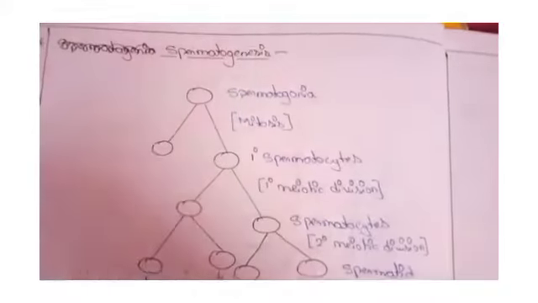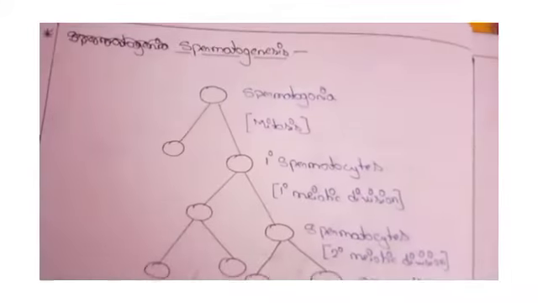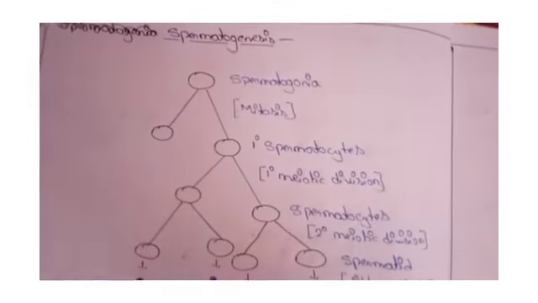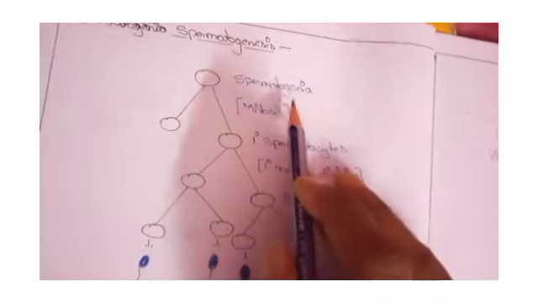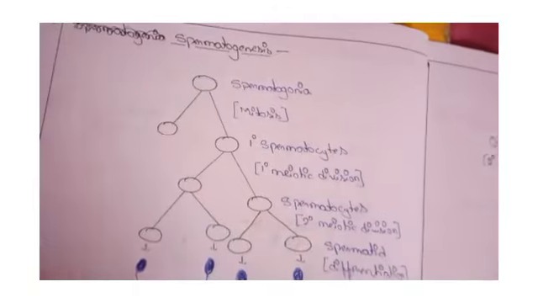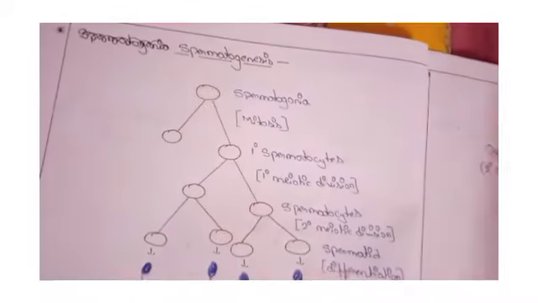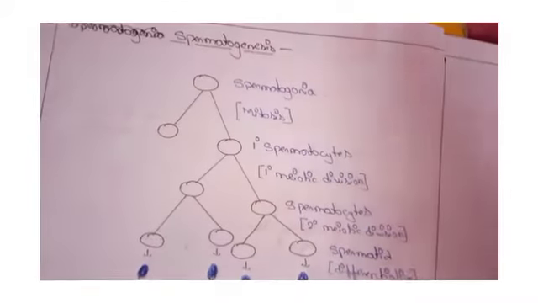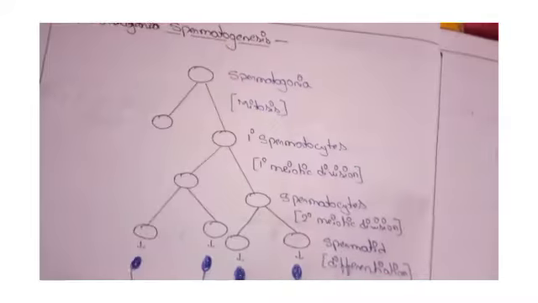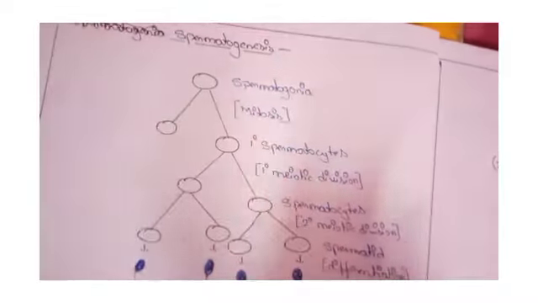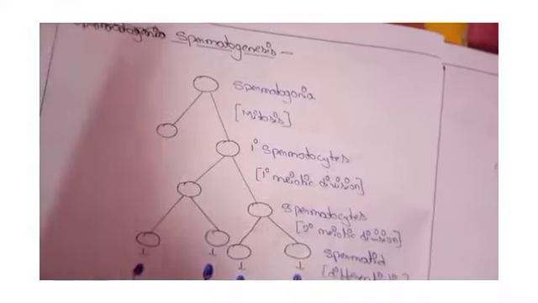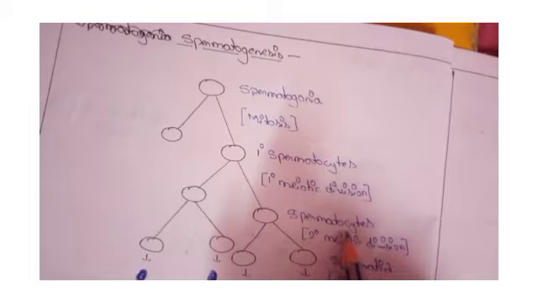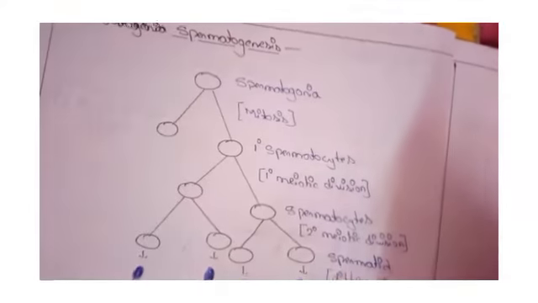Our next topic is spermatogenesis. Spermatogenesis is the production of sperm. A single spermatogonium undergoes mitotic division to form a primary spermatocyte. The primary spermatocyte undergoes the first meiotic division to produce secondary spermatocytes.